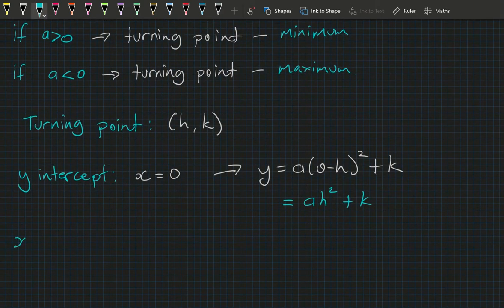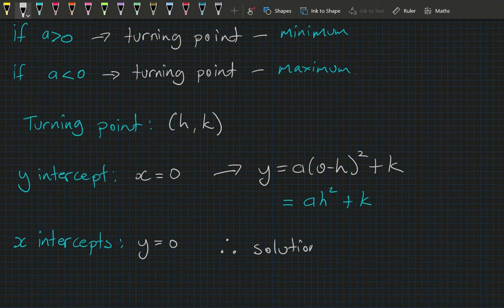And finally, the x-intercepts are where y equals 0. So you're going to have to find the solutions to 0 equals a times (x minus h) squared plus k. But if you're unsure of how to do that solving, you're going to need to revise our lesson on solving quadratic equations by completing the square.